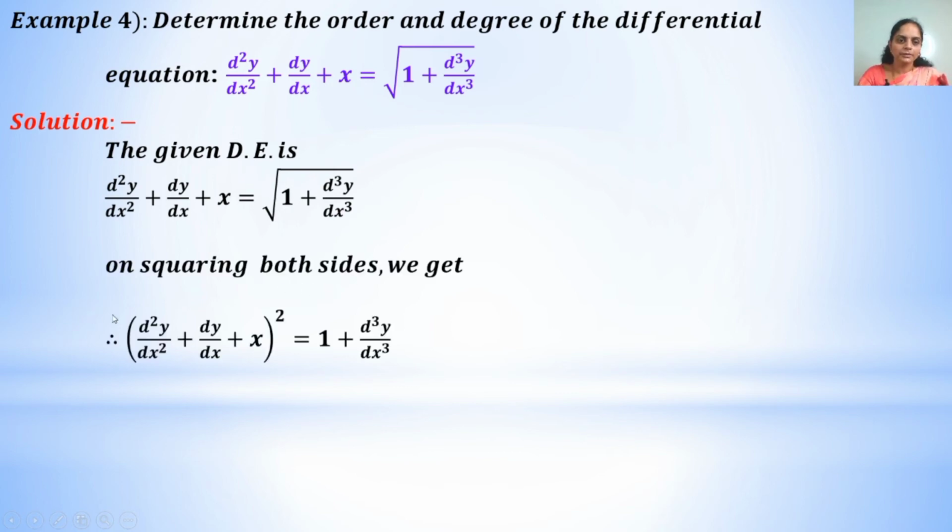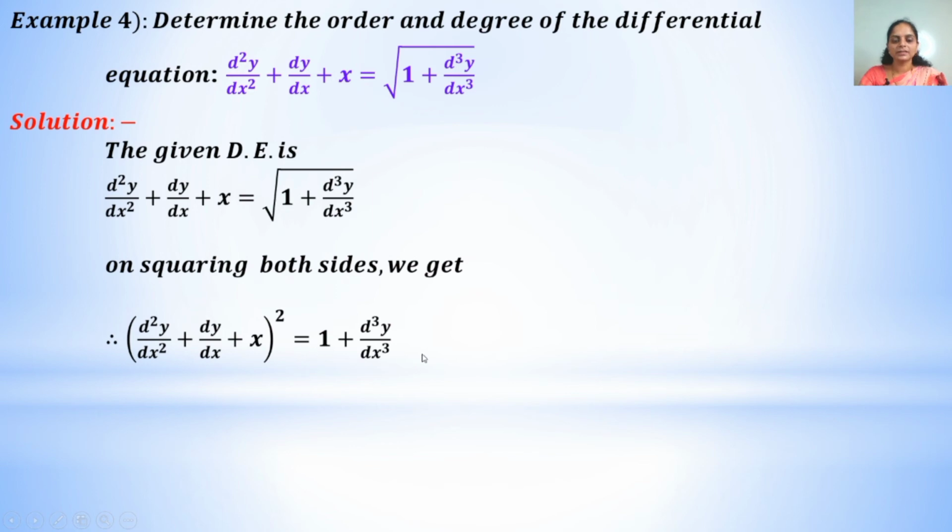We get (d2y by dx square plus dy by dx plus x) whole bracket square is equal to 1 plus d3y by dx cube. In this differential equation, there are three derivative terms. First is d2y by dx square, second is dy by dx and third is d3y by dx cube.